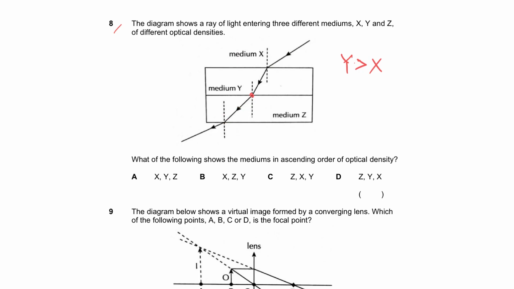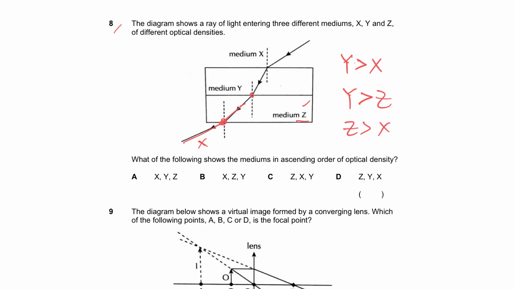That means to say the refractive index of Y is actually greater than Z. Okay, these are things that you know. And next, from Z it goes out into the air, the medium X, it bends away from the normal. That means to say X has lower refractive index compared to Z. So Z is greater than X.